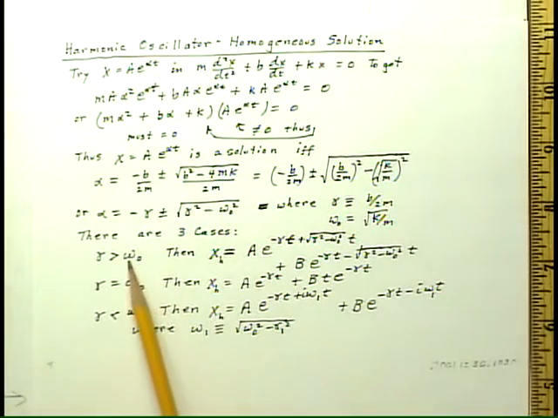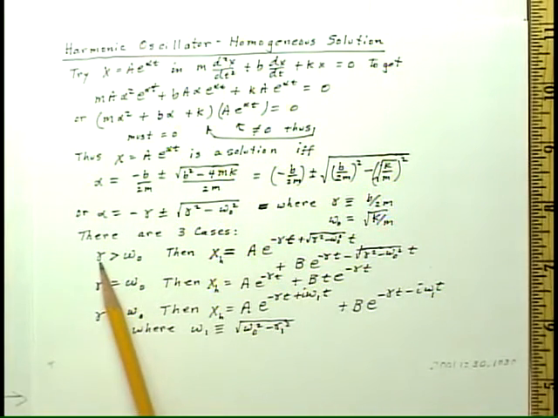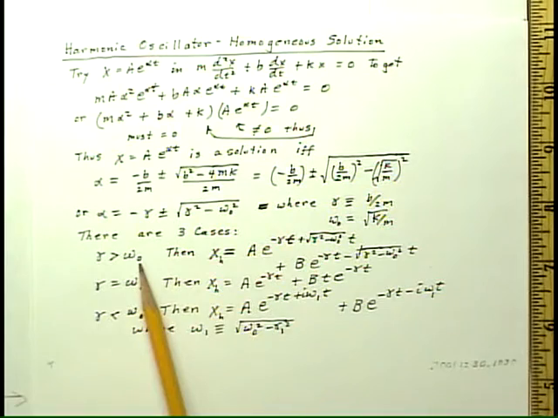The case is resolved in the following way. If gamma is greater than omega naught, this particular solution is called overdamped. That's because gamma, representing the friction, is much more extensive than the oscillatory part, omega naught.